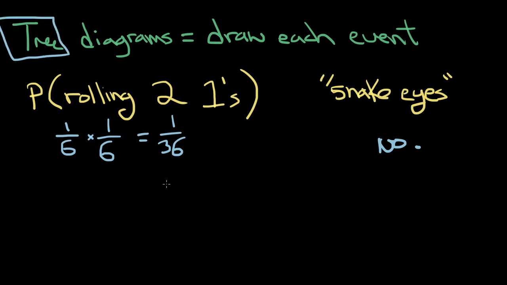This really helps. So here we go, and I'm going to start right here. That's your first event, your starting point. Imagine you're sitting there with a die in your hand and you roll it.